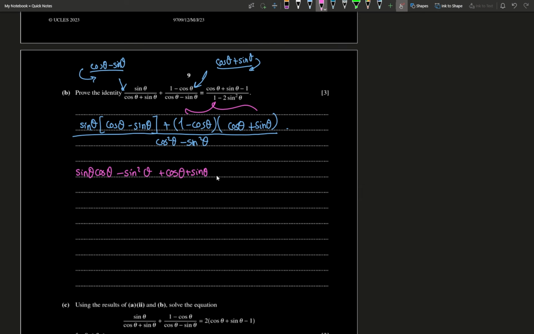Negative cosine times cosine is negative cosine squared. Negative cosine times sine is negative sine theta times cosine of theta. ده كده كله divided by cosine squared minus sine squared.